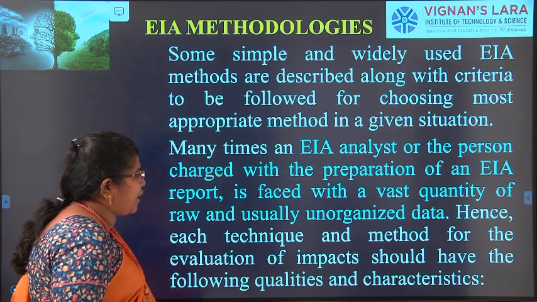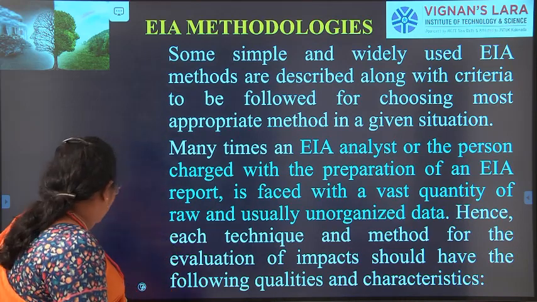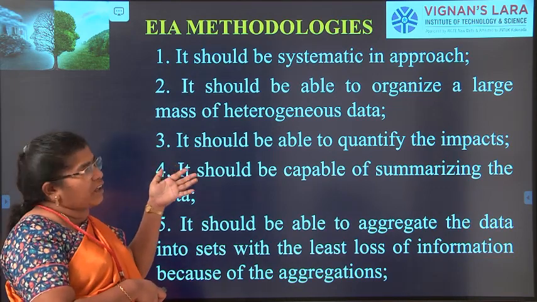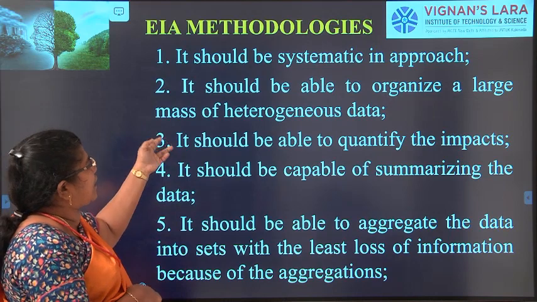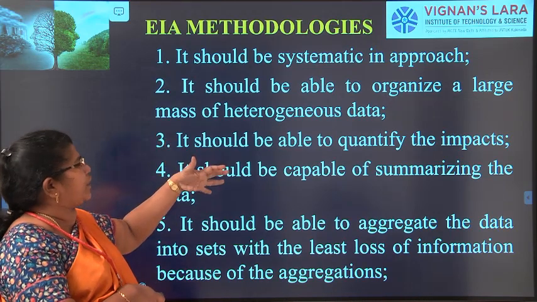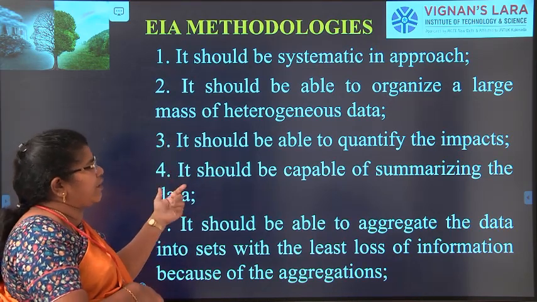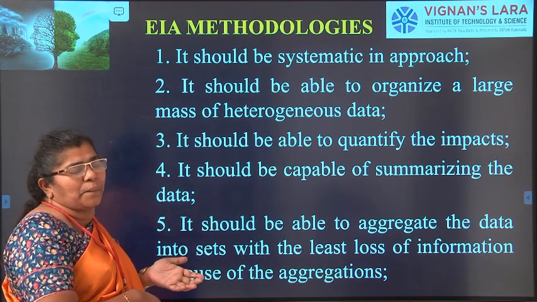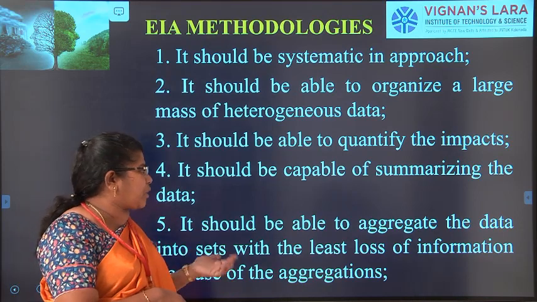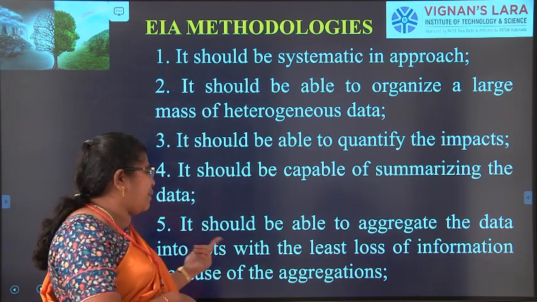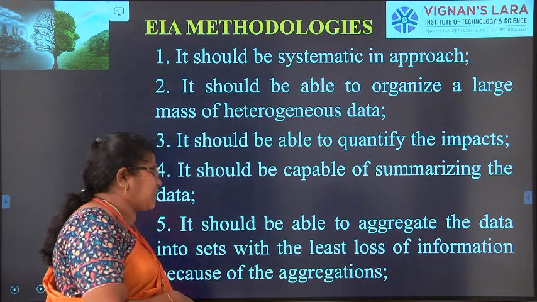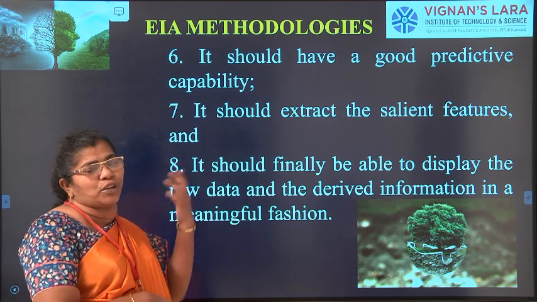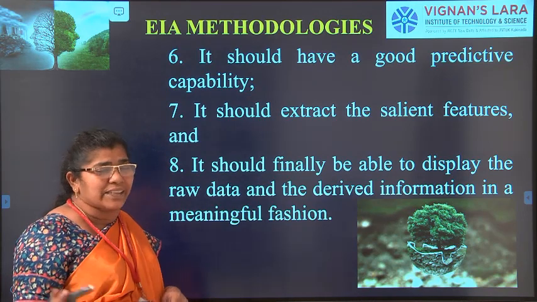Before going into that, we saw the criteria for selecting the EIA methodology. It should be systematic in approach. You should be able to organize a large mass of heterogeneous data, quantify the impacts, and identify which type of impact will be most significant for this project. You should be able to summarize the data and aggregate it into sets, and have good predictive ability, that is, what will happen in future and what unwanted or unexpected accidents may happen.